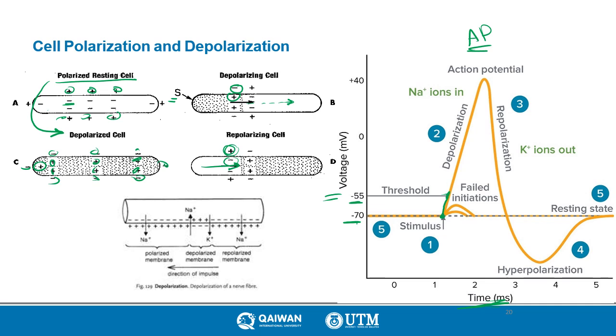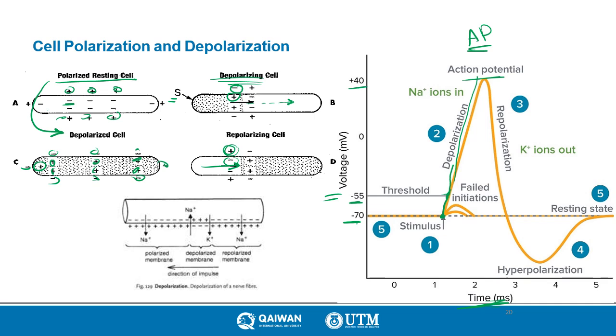The action potential is the rise of the cell membrane in the depolarization stage. This is the depolarization, where at the peak the cell membrane will be positively charged to 40 millivolts.